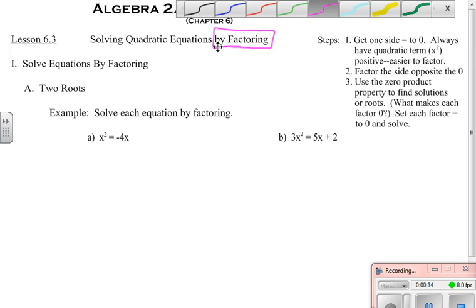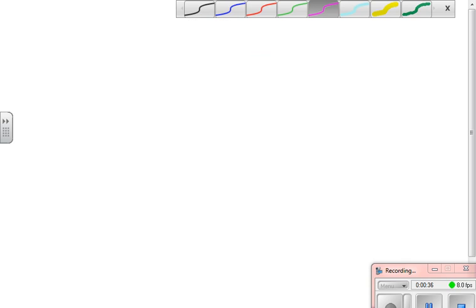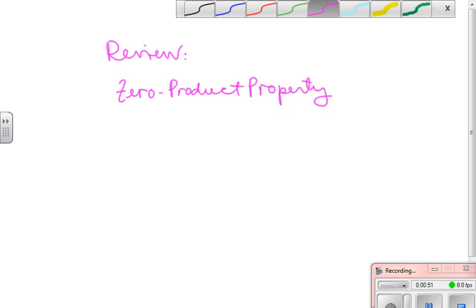So a couple of things that we need to just quickly review. We need to review something called the zero product property. What that property says is that if I have A times B and it equals 0, then A has to be 0 or B has to be 0.